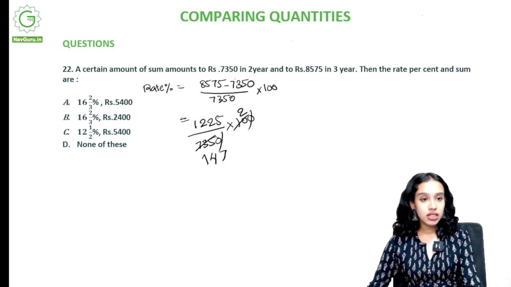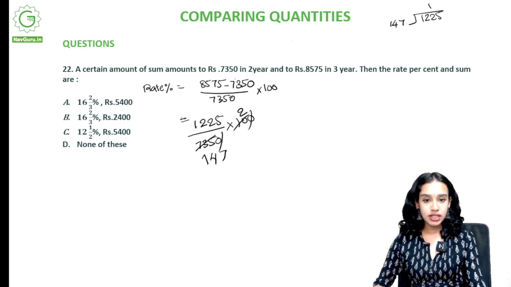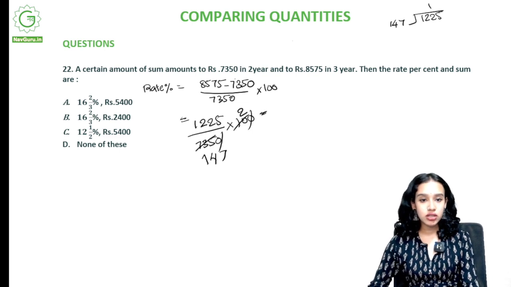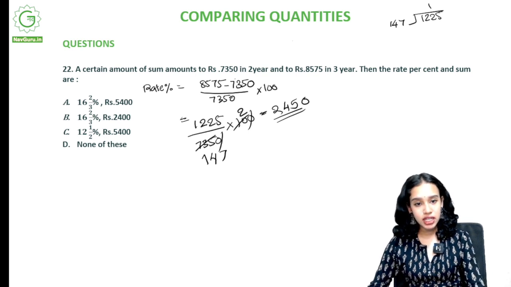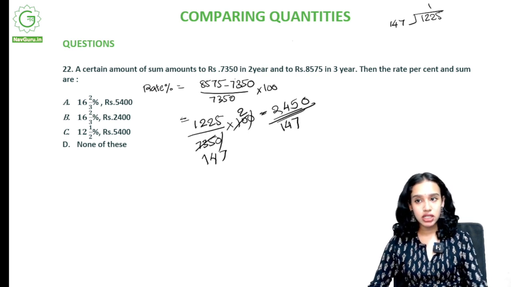So let's divide 1225 by 147. Let's multiply this by 2 here, or otherwise we'll forget it. So 2 5s are 10, 1 balance, 2 2s are 4 and 5, then 2 2s are 4 and 2 1s are 2. So we have to divide 2450 by 147.